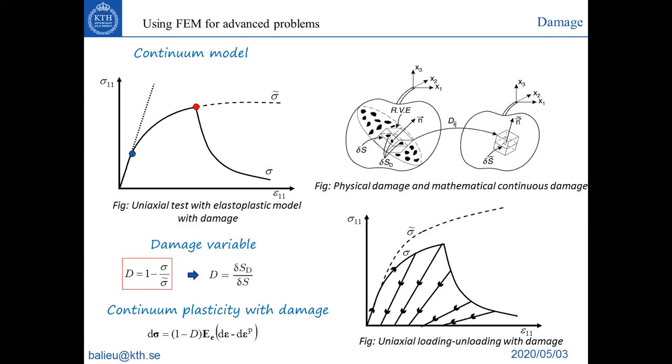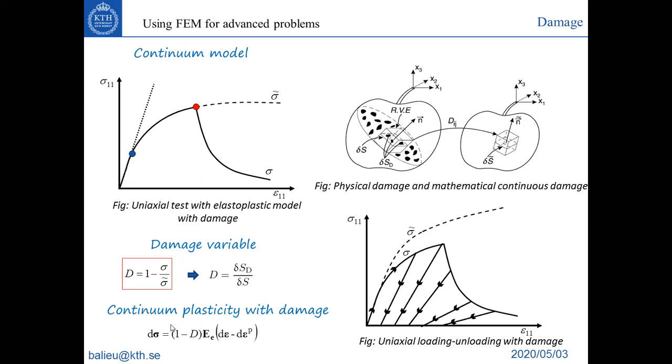If you remember, if your D is equal to 0, that means you have this classical elastoplastic relation between the stress and strain. And if D is not equal to 0, if you have an increase of this D, you can see that the stiffness will decrease.